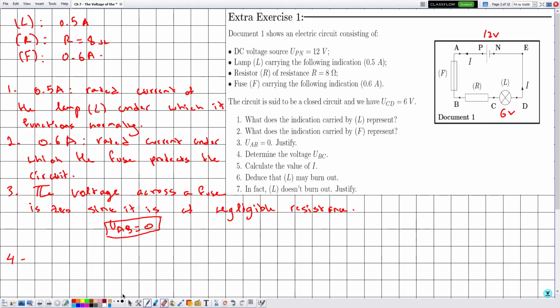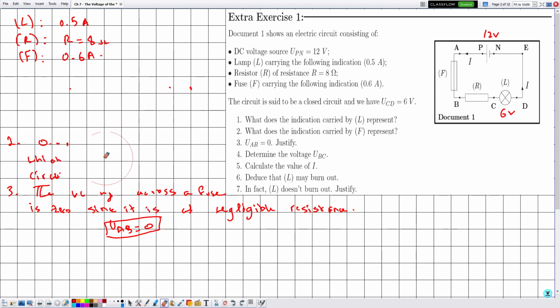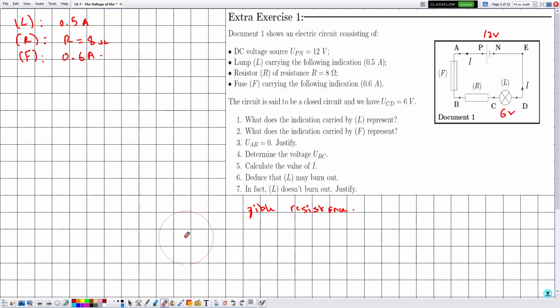Let me make some space here, then apply the law of addition of voltages.